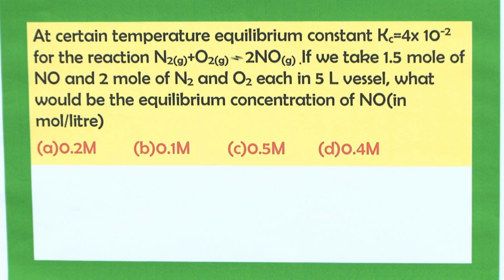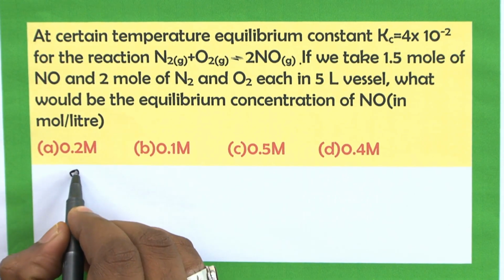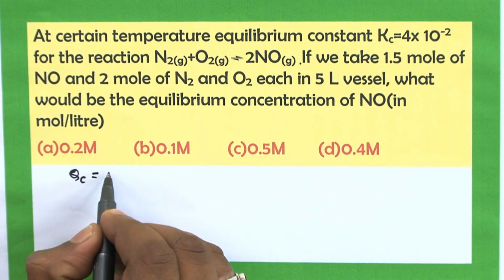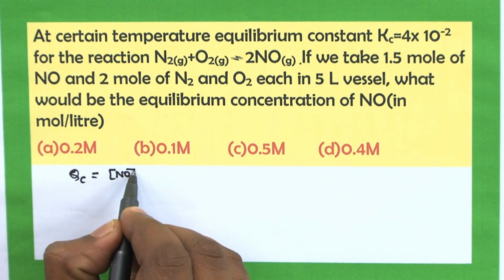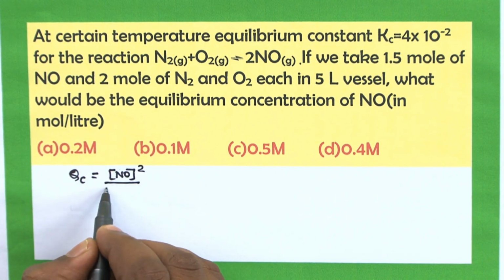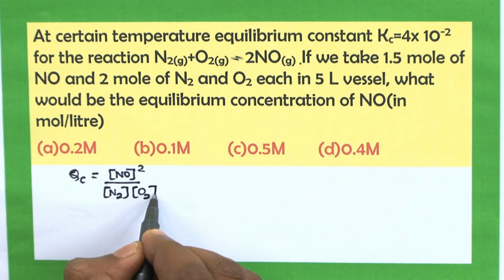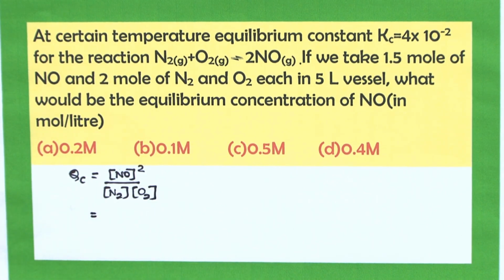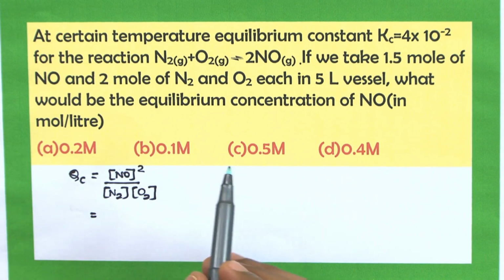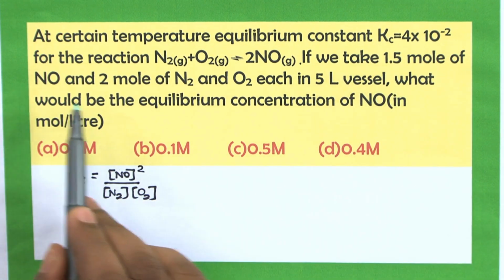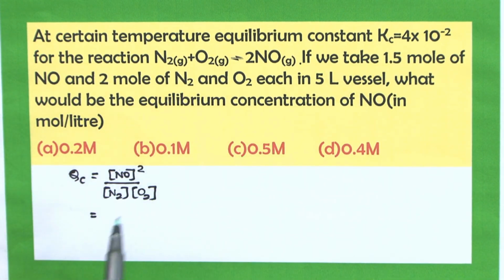Let us try to find the value of Qc first. The reaction quotient Qc is equal to concentration of NO raised to 2 divided by concentration of N2 into concentration of O2. They have given 1.5 mole of NO, 2 mole of N2 and O2 each in a 5 liter vessel.